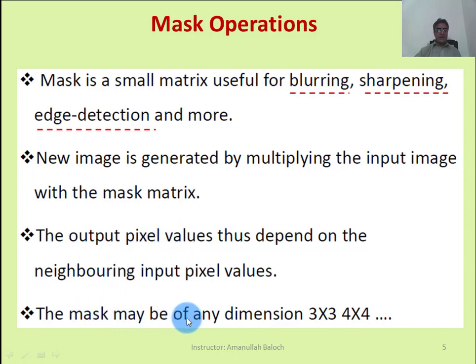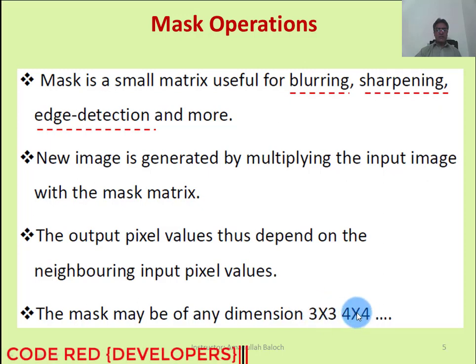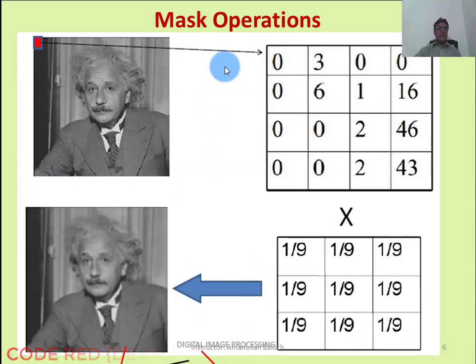The mask may be of any dimension, 3x3, 4x4 or 5x5. 3x3 means 3 rows and 3 columns. 4x4 means 4 rows and 4 columns. The mask is a square matrix. You may see it here, mask operation.